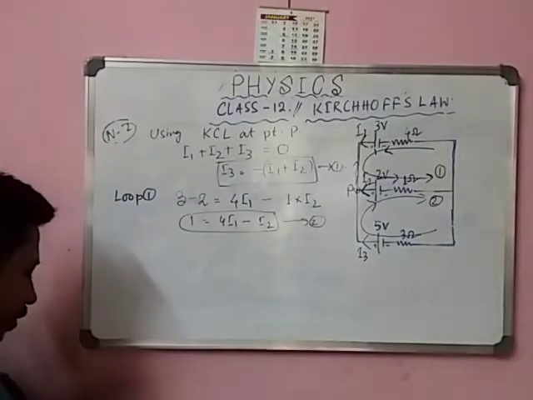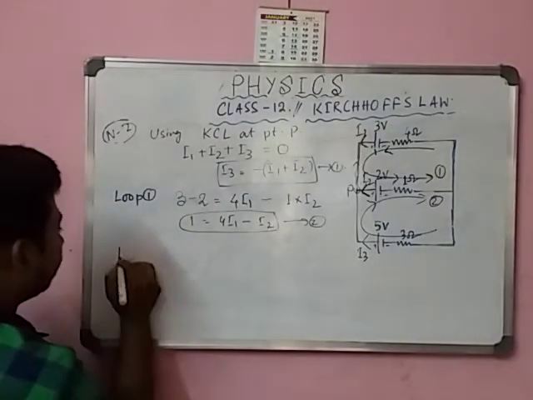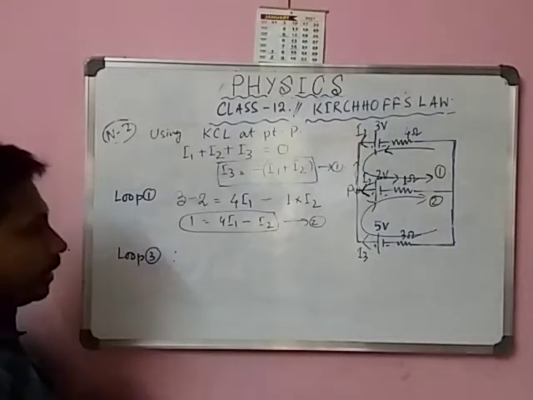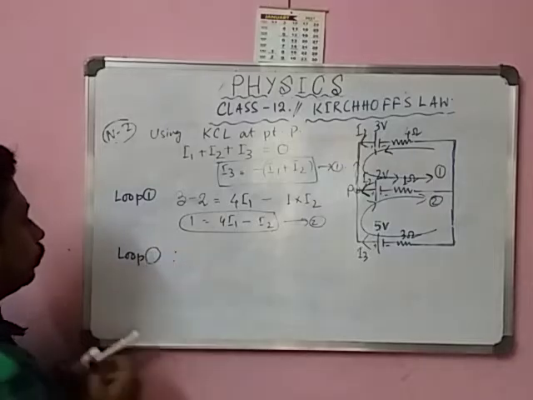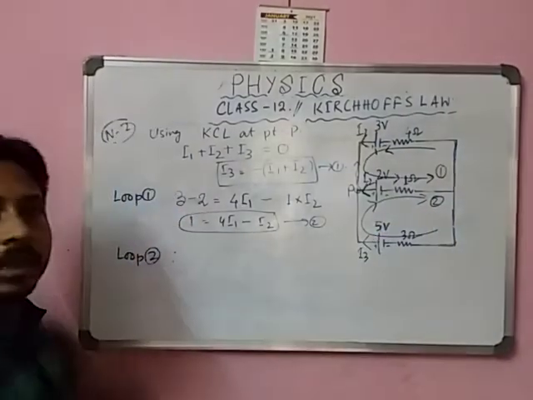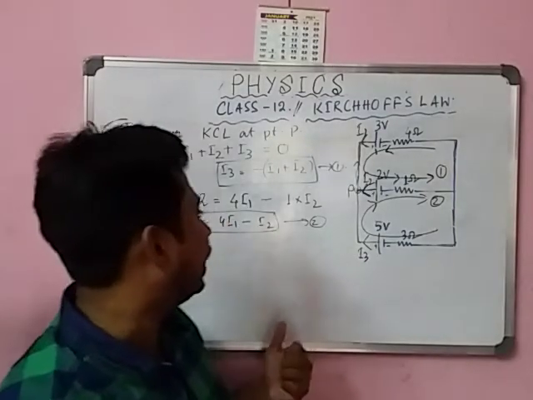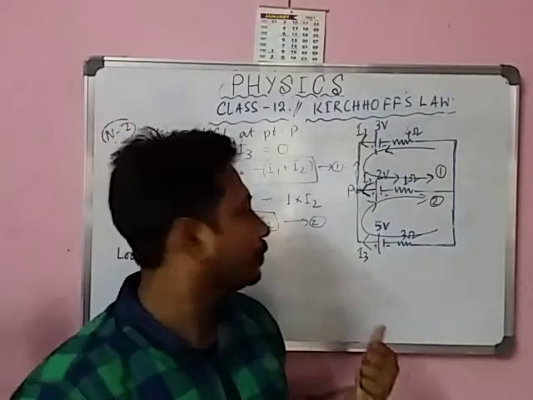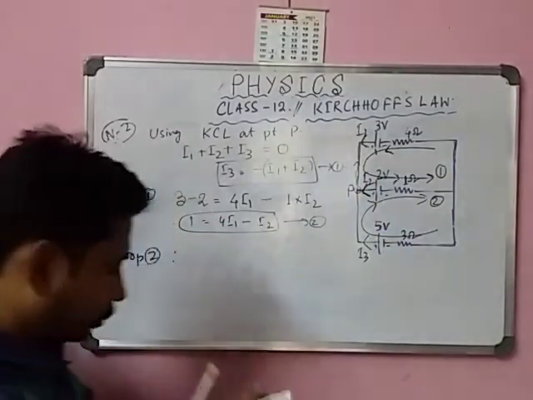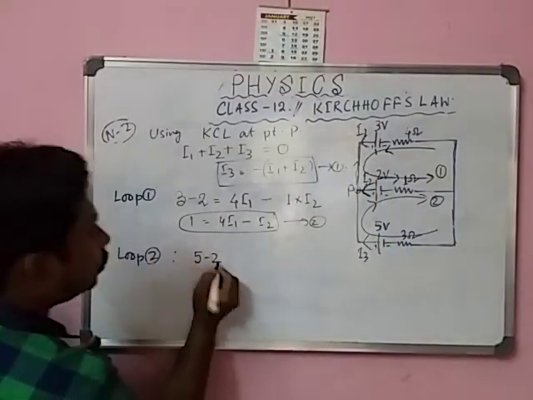Now we consider loop 3, sorry, loop 2. Loop 2 means this loop. Now you write the equation. See, 5 and 2, so you can write 5 minus 2. Why?